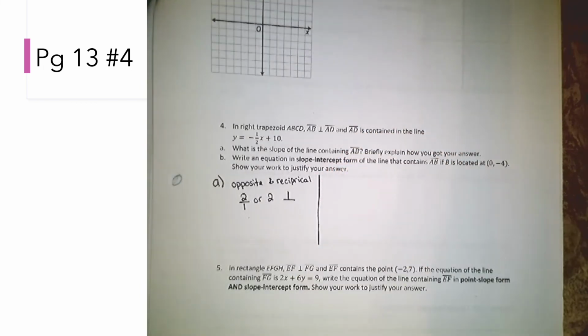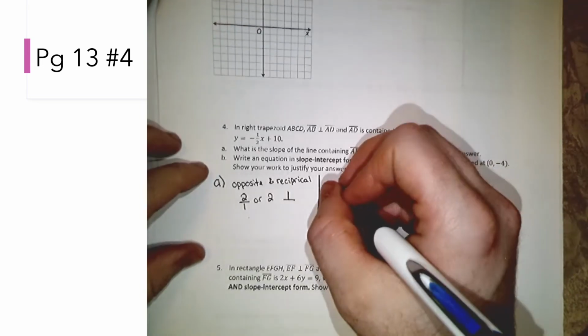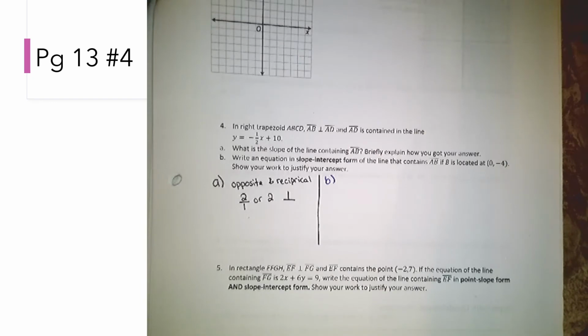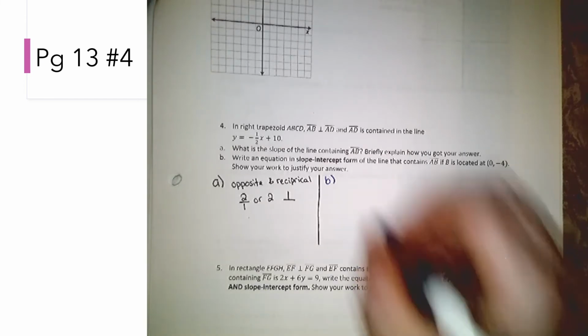So next is part B. Part B says write an equation in slope-intercept form of the line containing AB if B is located at 0, negative 4. Okay, so what you want to do is use the point slope form to make it so it can be turned into slope-intercept form.